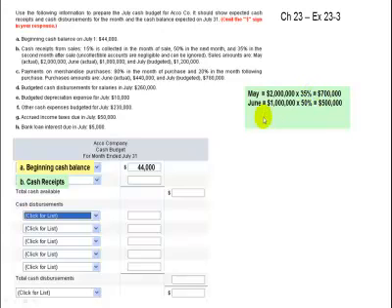June. In June, we're going to sell $1 million worth of items, and you collect 15% in the month of sale, which would be June, and 50% in the second month, which is July. So of June's $1 million worth of sales, we're going to collect 50% in the month of July, which is all we care about because it's a July budget.